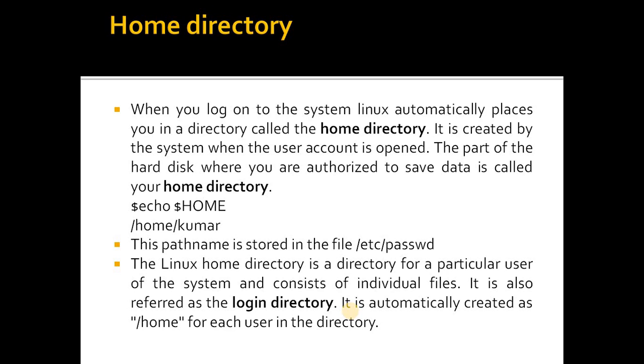The name of the user's home directory is by default identical to that of the user. So here in this case you can see that the username of the user may be Kumar, so the home directory will be named after Kumar. For example, a user with a username of Mary would typically have a home directory named Mary.